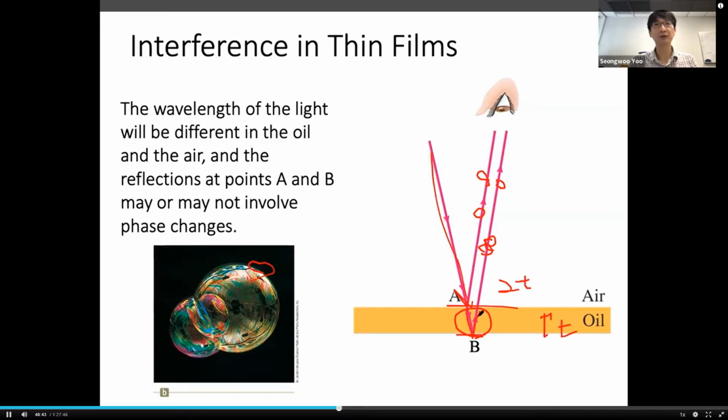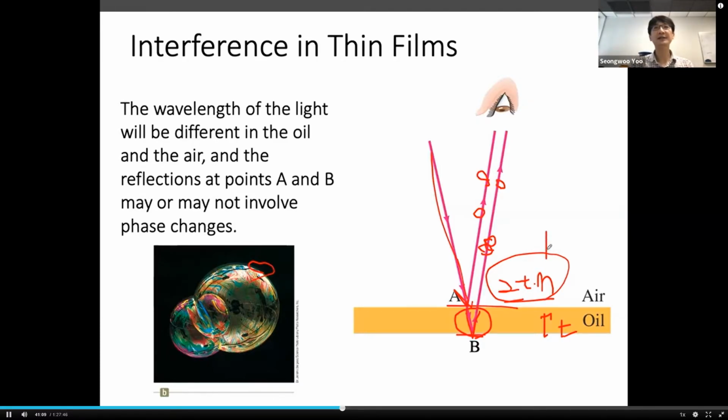So we have a round trip, and we multiply by the refractive index of the oil, because we need to take into account the optical path length rather than the geometric length. So 2tn is our optical path length difference in thin film interference.